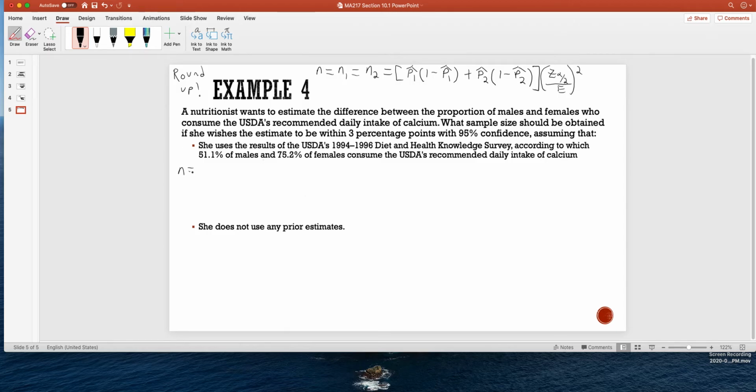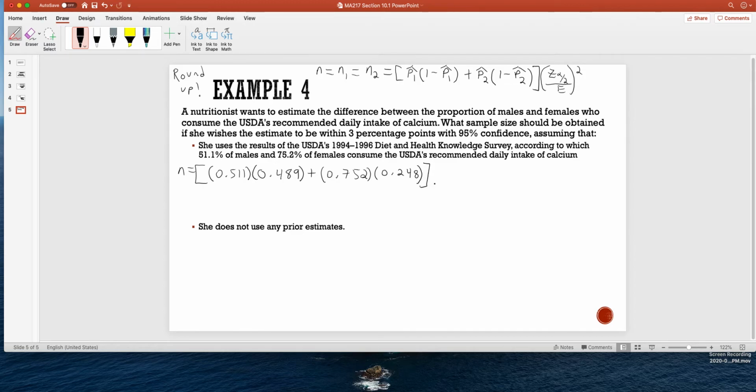So the sample size, writing this entire equation out, will be 0.511 times 1 minus 0.511, which is 0.489, plus 0.752 times 0.248.